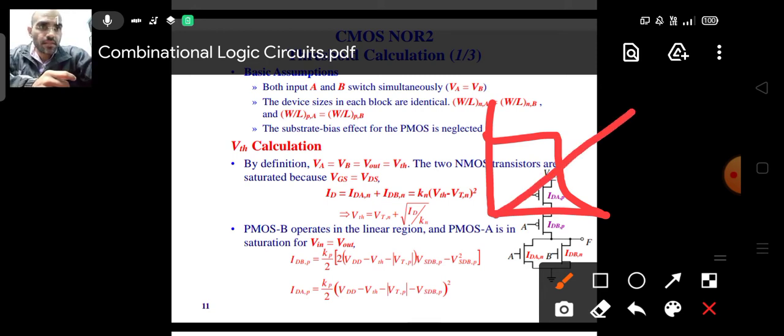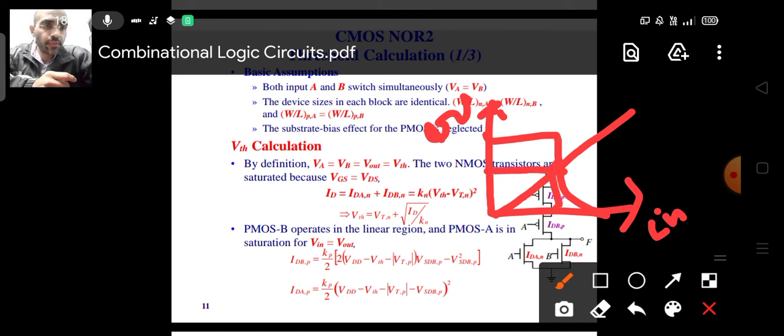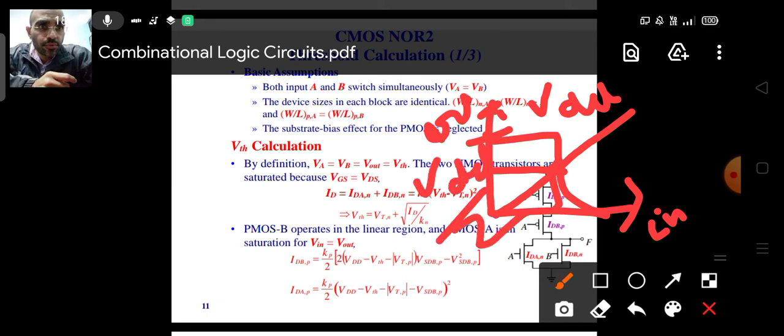This is our output plotted on the y-axis, whereas this is our input. This is our VTH. We know that for an ideal CMOS inverter, VTH should be VDD by 2. If this is my VDD, then this point is VDD by 2, and at this point input equals output as well, so V in is equal to V out.